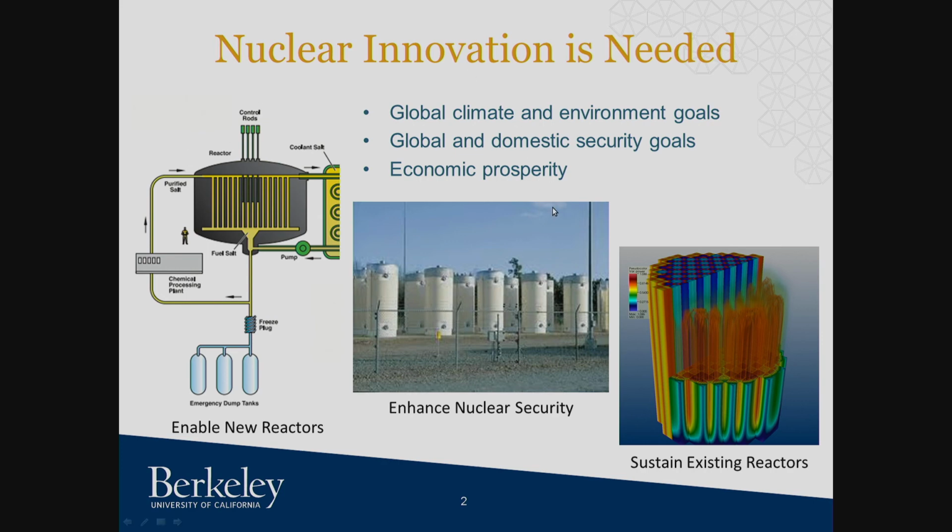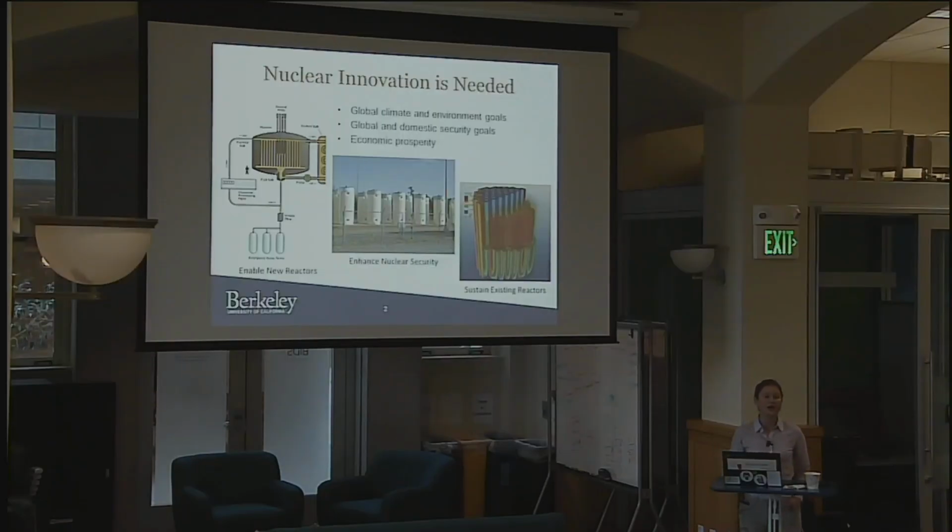So this is an example of an existing reactor and a model of computation of existing reactors. And we need to develop new methods to make sure we can still model those appropriately and figure out how well they're working. But we also have new reactor designs that we haven't built before. Or maybe we've built one as an experiment a long time ago, but we haven't built any lately, and we haven't built them commercially.